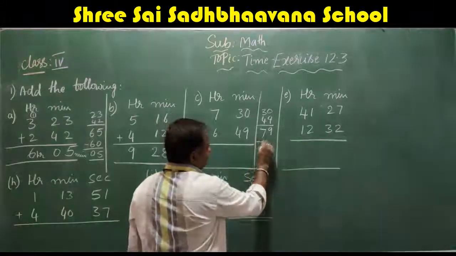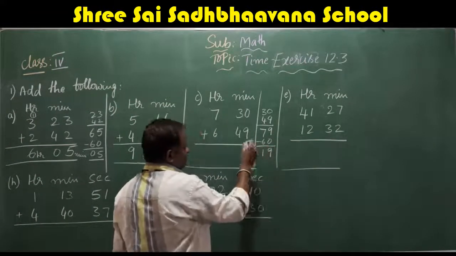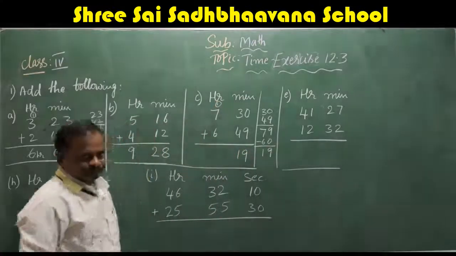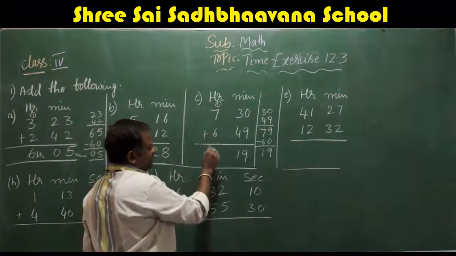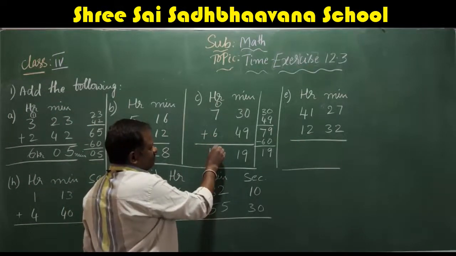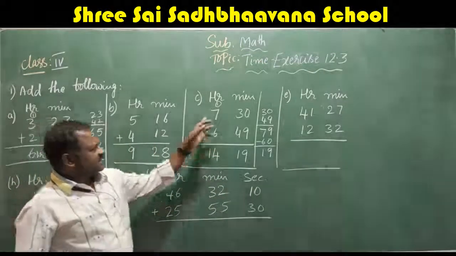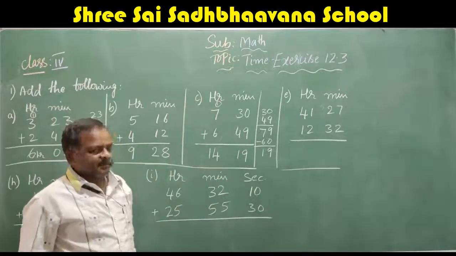So subtract 60: 9 minus 0, 9, 7 minus 6, 1. So you write 19 here. Take carry 1 hour here. Add 7 plus 1, 8, 8 plus 6, 14. Or 7 plus 6, 13, 13 plus 1, 14. 14 hours, 19 minutes.